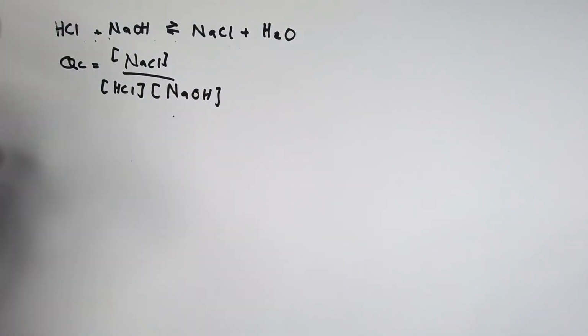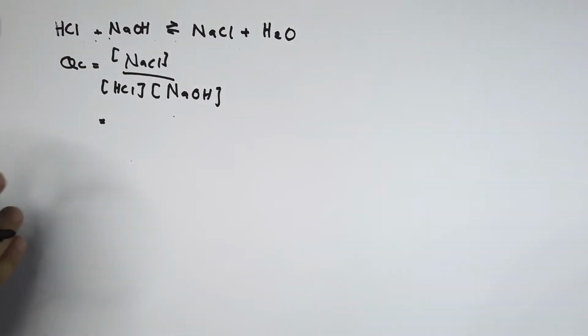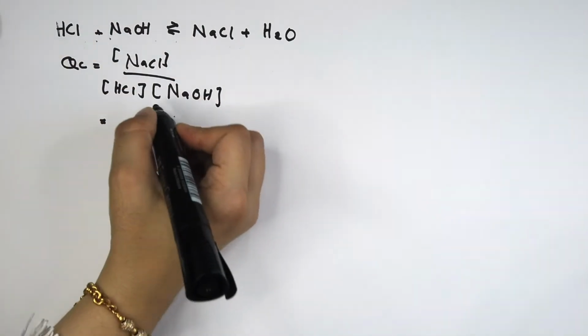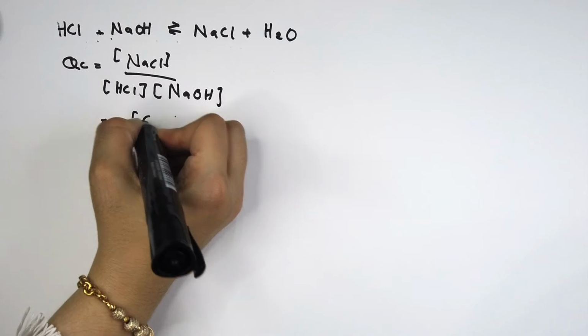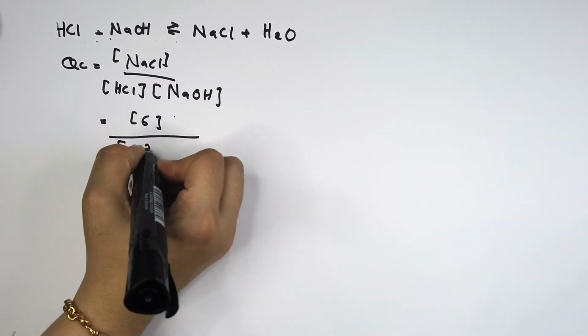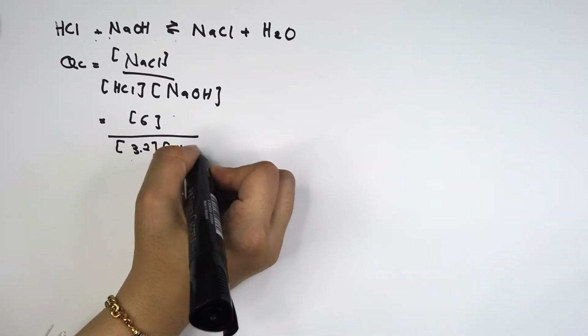Then you need to read back the question and find the concentration of each substance. So NaCl, the concentration is 6, HCl, the concentration is 3.2, and NaOH, the concentration is 4.3.